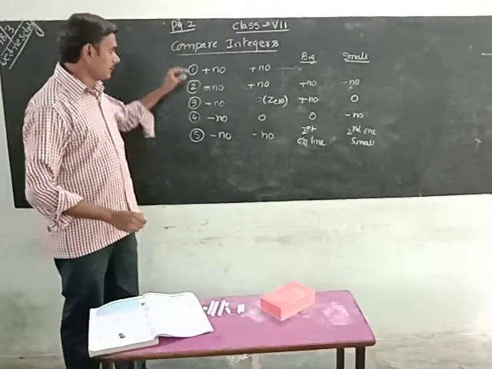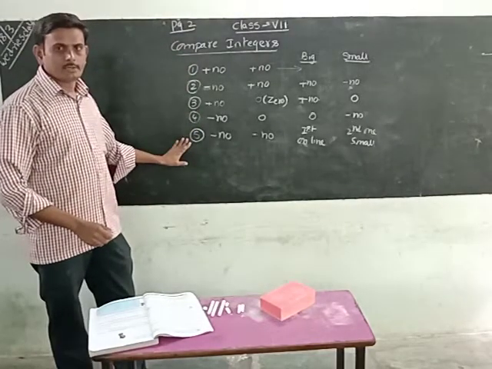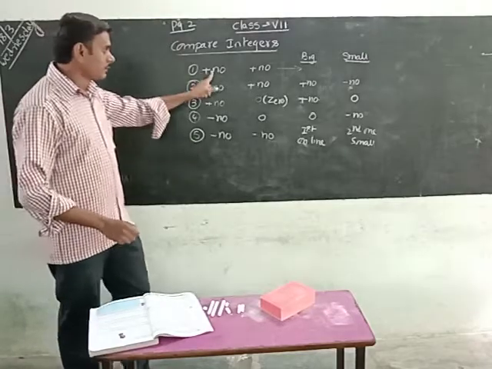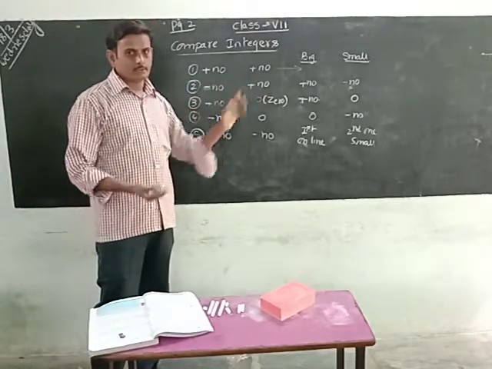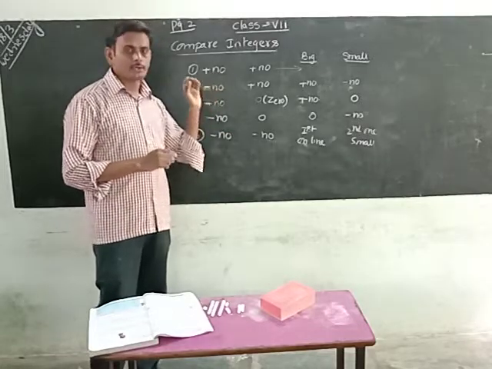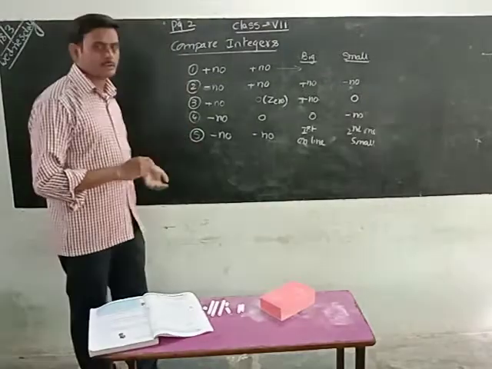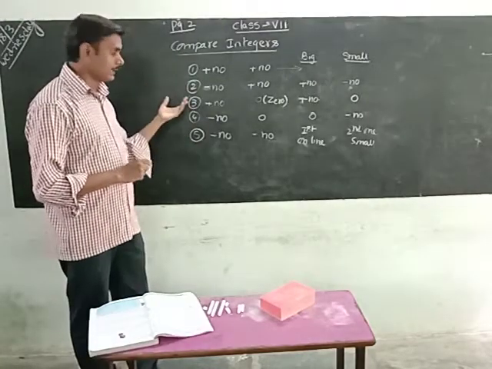Once again look here. Totally 5 comparisons are there related to integers. Positive with positive, we can already decide which is smaller and which is bigger, so I don't need to explain that. These 4 comparisons are new for 7th class students.